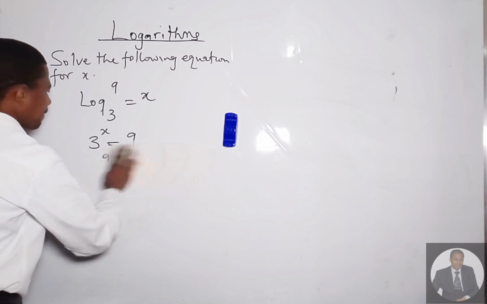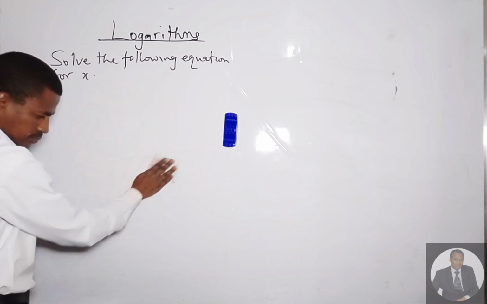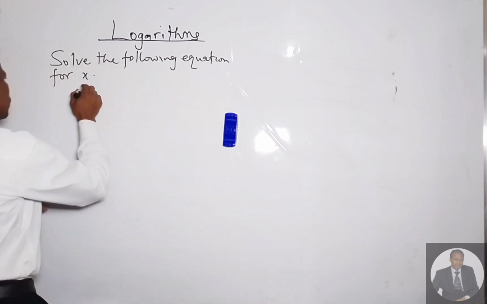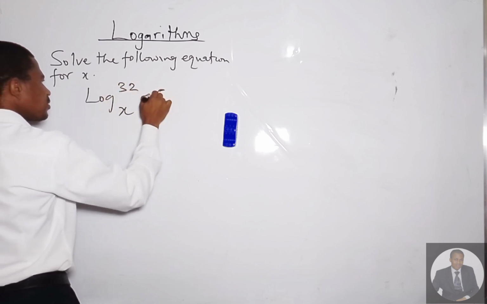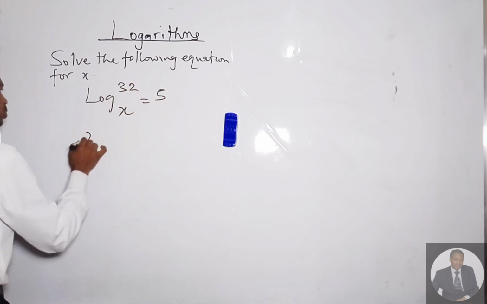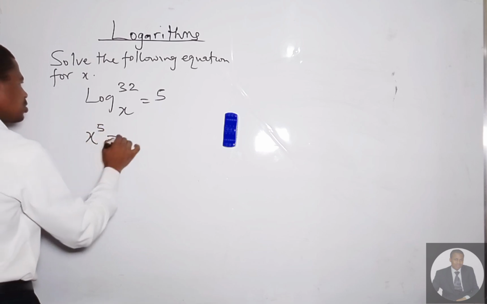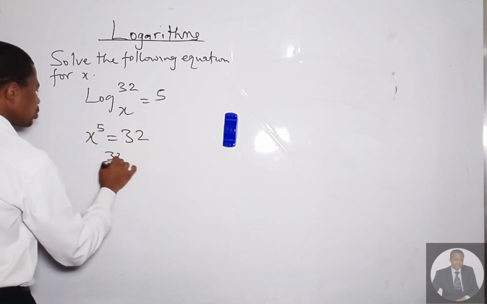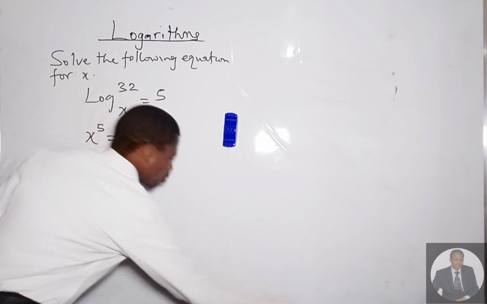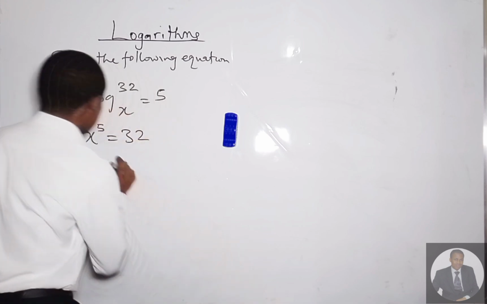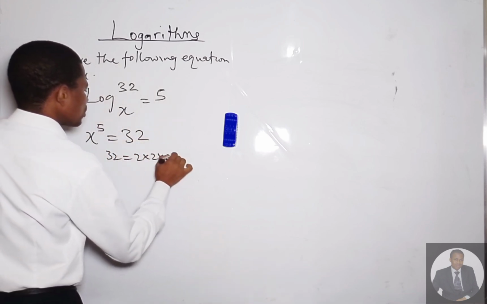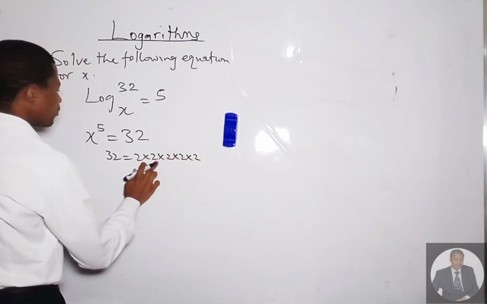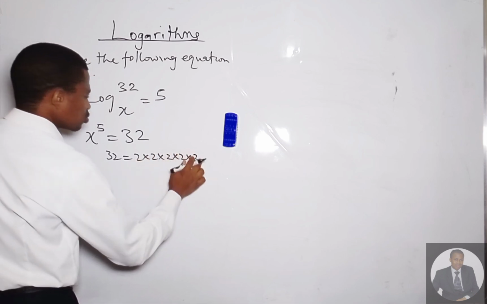Now, log 32 to the base of x equals 5. So how do we solve it? It becomes x to the power of 5 equals 32. Now what's 32? 32 is the same as 2 times 2 times 2 times 2 times 2. 2 times 2 is 4, times 2 is 8, times 2 is 16, 16 times 2 is 32.